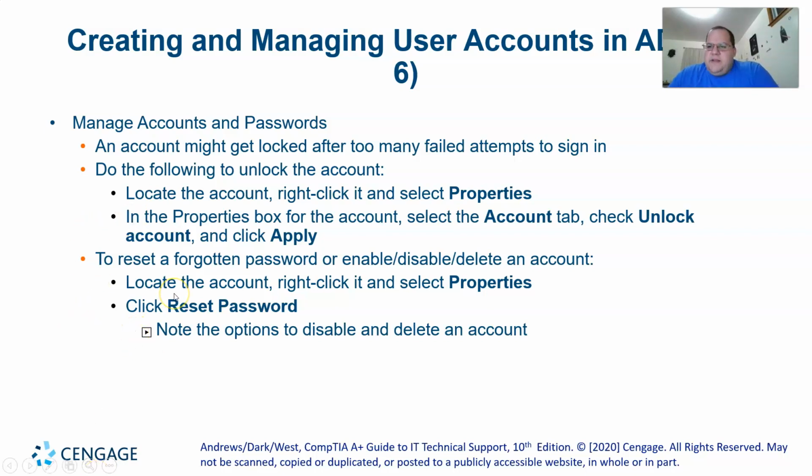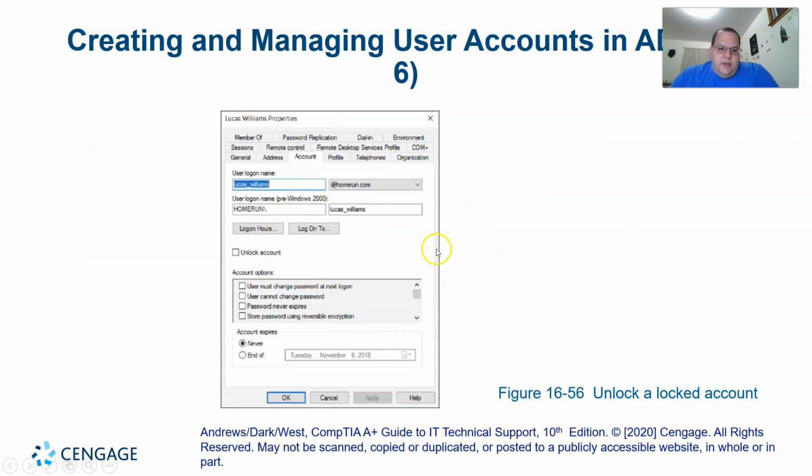So I'll be like, he forgot his password, so I'm going to change it to something like Summer20, reset it, tell him, and then when he logs in, he'll be asked to change his password again. So if he's locked, I could go unlock, apply, and unlock him.